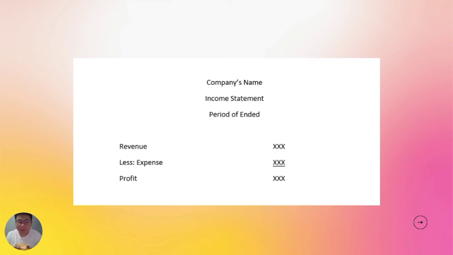We need to list all the revenues and get the total revenue, then list all the expenses and get the total expenses, and subtract the total expenses from revenue to get the profit. So, ganun lang po kasimple si income statement.